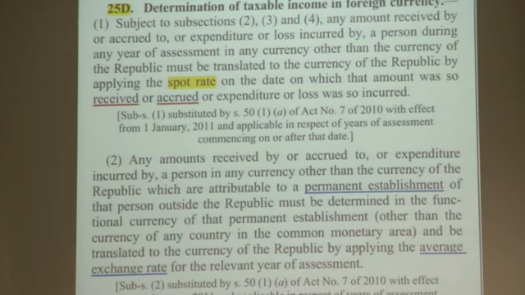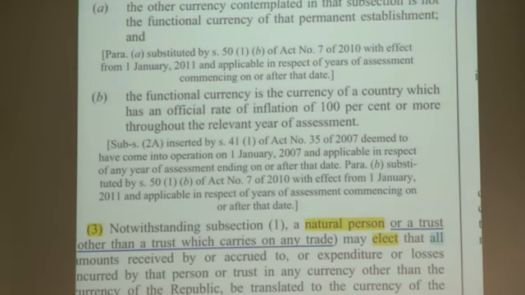If I had to translate every transaction every day at a specific rate for that day, I'm going to have a million calculations. So what they say is keep your business profit in that country in the foreign currency, and only right at the end of the year of assessment, we convert it once, at the average for the year of assessment. It's just easy to calculate. Now the most important one, 2 capital A, we don't do.